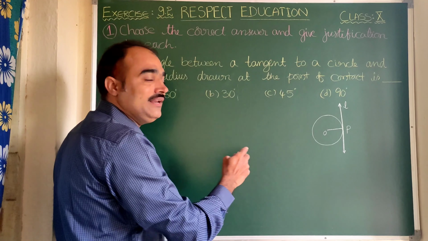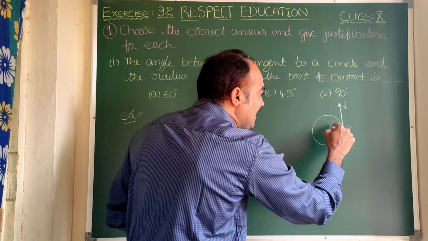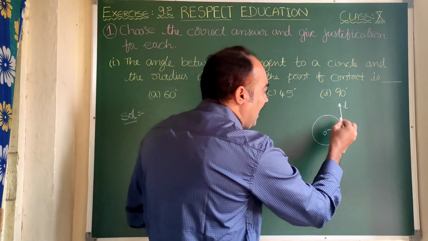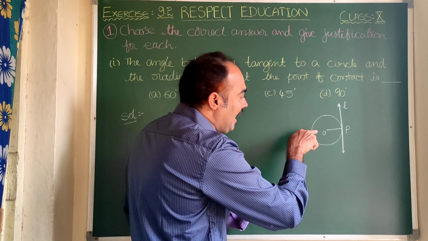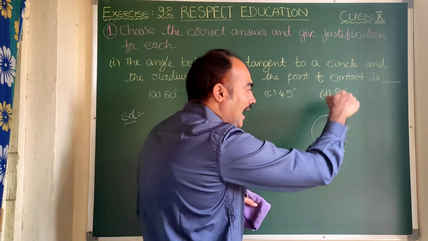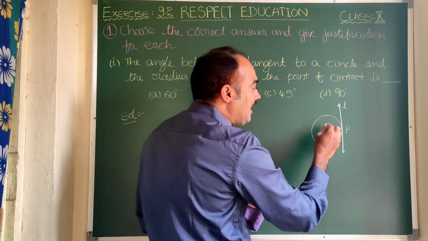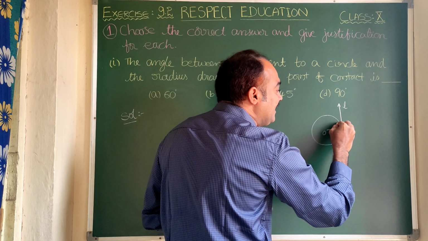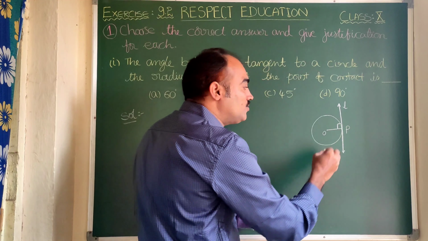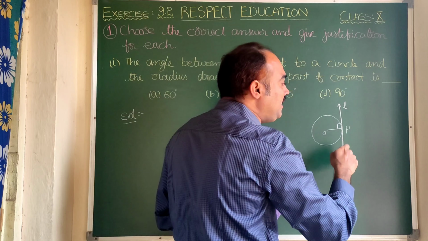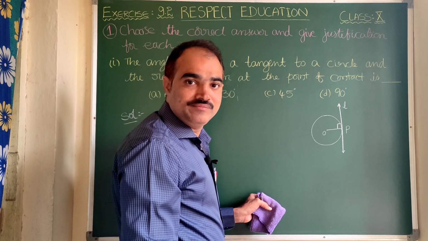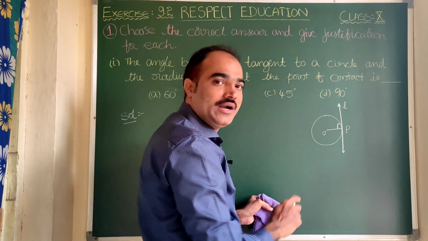The angle between the tangent and the radius at the point of contact. As we know, here we have a theorem. It says that the angle between the radius and the tangent at the point of contact is 90 degrees. Clear? So in other words, we can say the radius is perpendicular to the tangent at the point of contact.